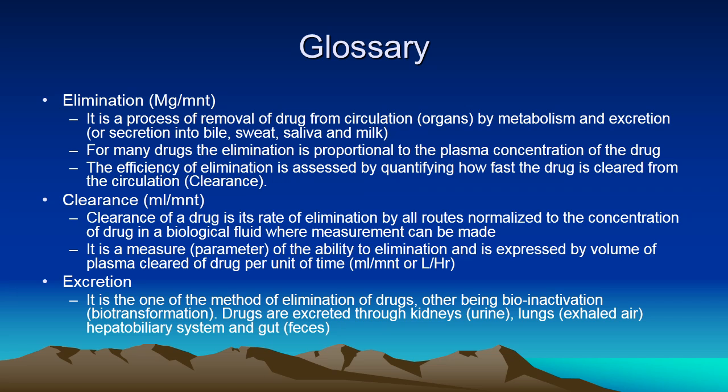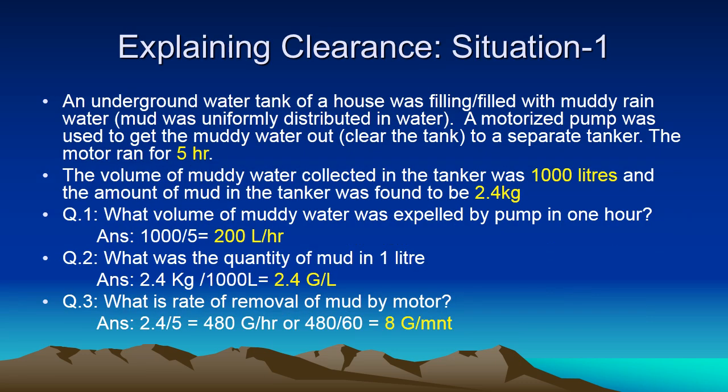It is a measure of ability to eliminate and is expressed by volume of the plasma cleared of the drug per unit time. Excretion is the final removal of the drug, and this is usually done by organs such as kidney, lungs, hepatobiliary system, or gut. Many drugs are excreted by more than one.